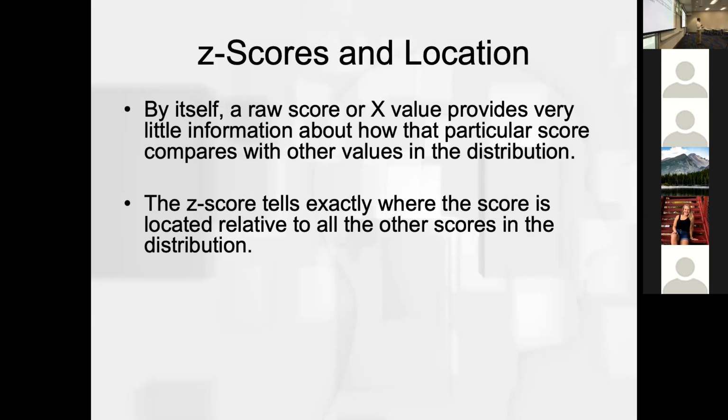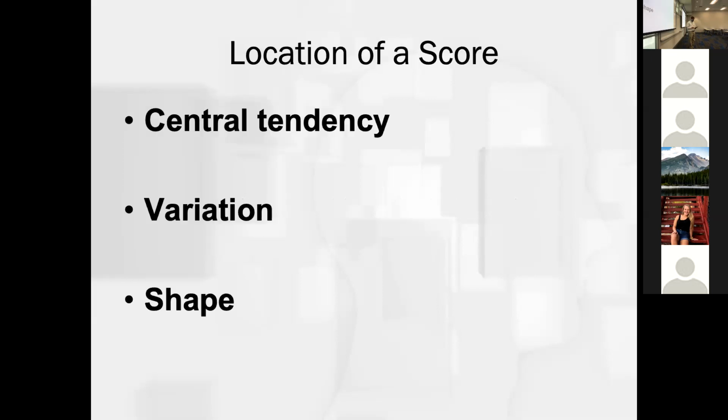Well, it tells me I'm slightly above the average, but I don't really know what that means for how many people I'm taller than, how many people I'm shorter than, and where I fall on that distribution. By converting all of that to z-scores, I can then know definitively where I am in relation to all the other folks here.